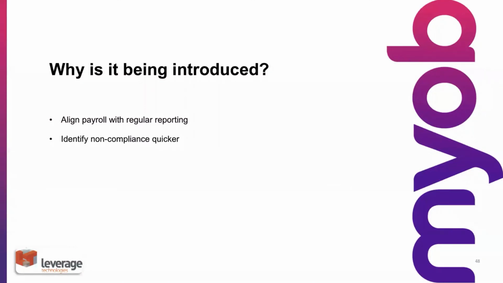Again, it's to identify non-compliance more quickly. These are actual reasons coming from the ATO. Better collection of unpaid entitlements to the employees, and as always, to penalise employers who repeatedly offend.